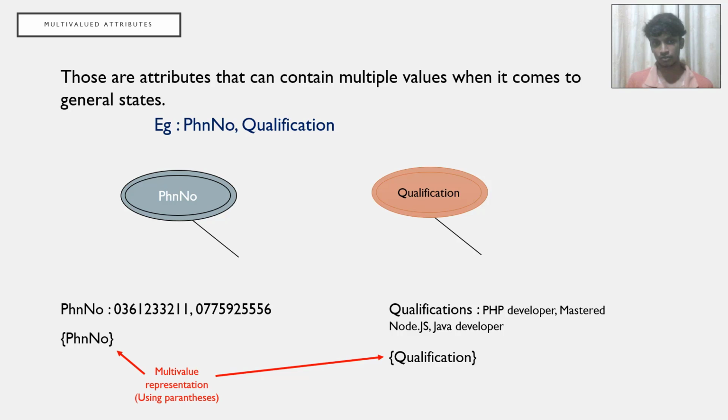Because of that, we can represent multi-valued attributes like this. Otherwise there will be a problem, because if we add a multi-valued attribute to a table, there will be duplication, then data anomalies, and your database will be compromised.